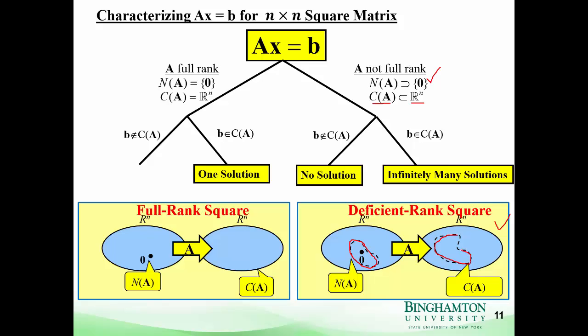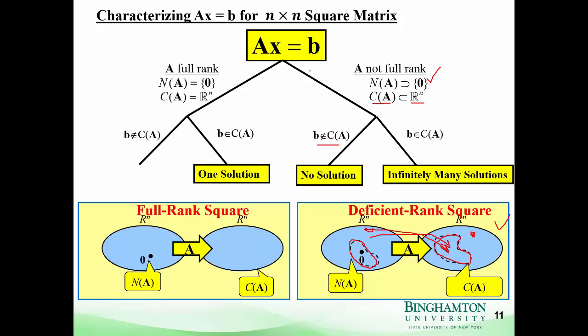Only the vectors that lie in that little shape are things that I can find an X over here that will map into. So if I were trying to hit something over here, there is nothing over here that will map to that. Everything that I try ends up inside that little shape that I've drawn there. So that tells us that there are some B's over here. If I picked this B, it would not be in the column space.